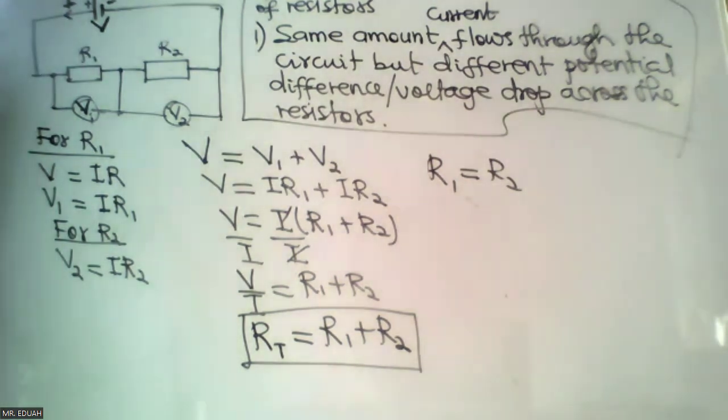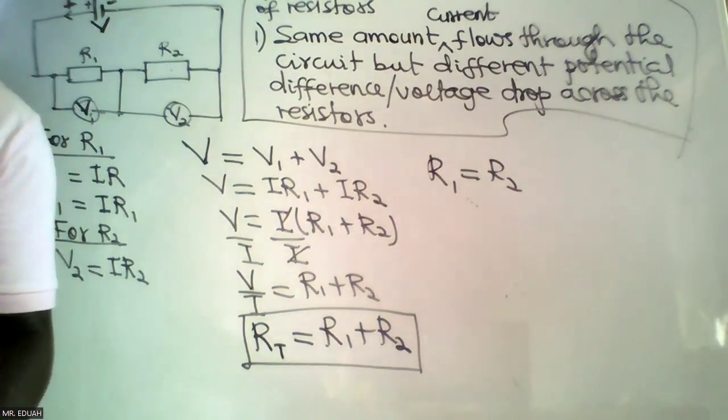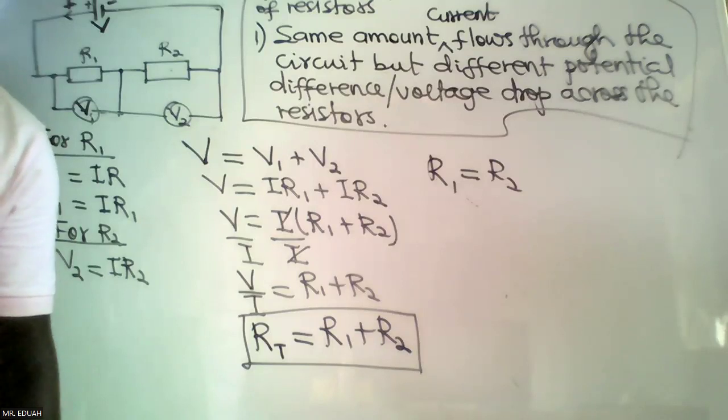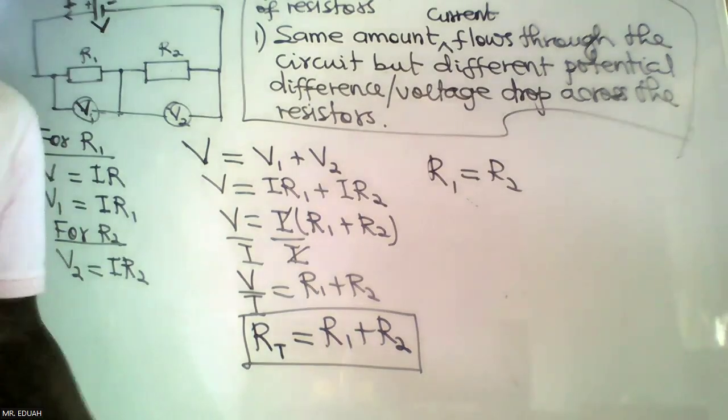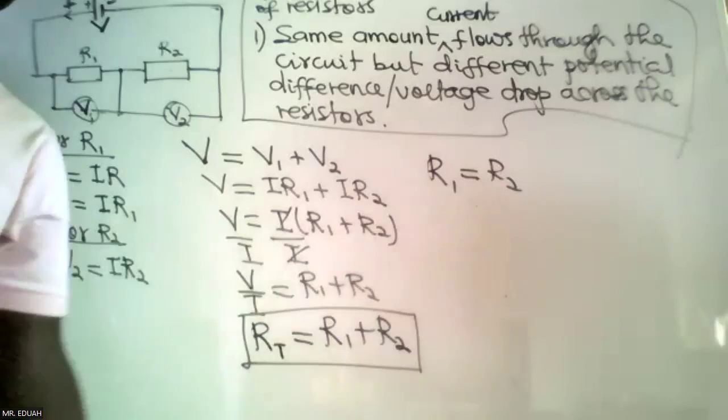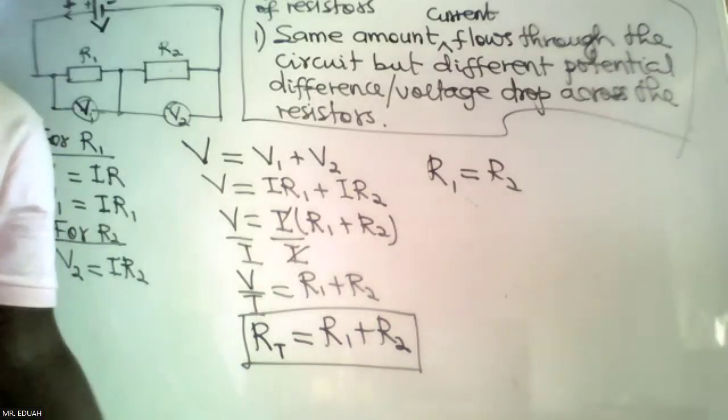The answer will be 2R1 or 2R2, so 2R. R represents the resistance of either R1 or R2.